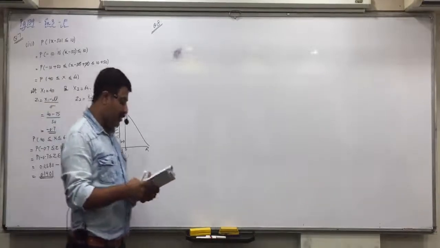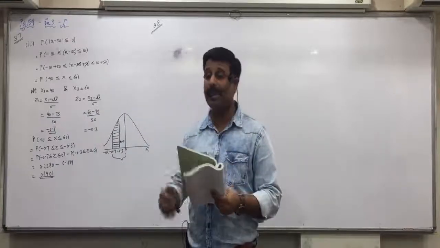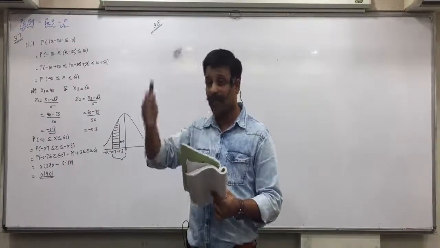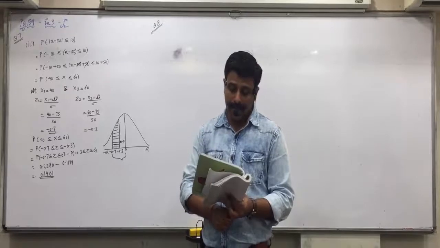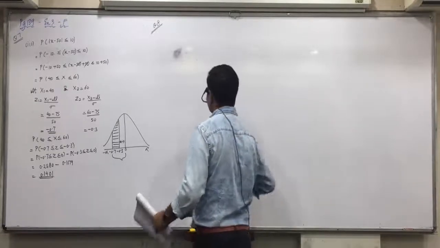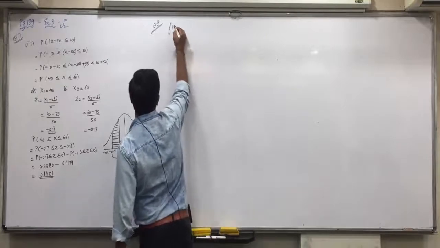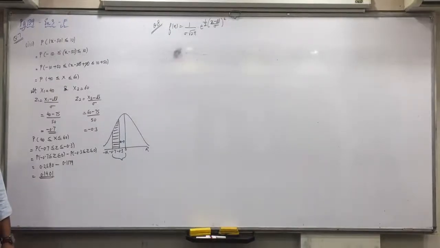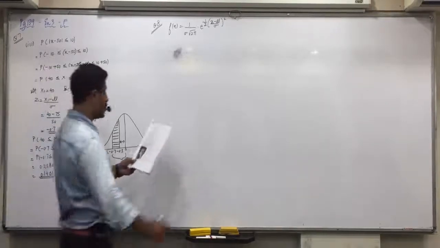A normal variable x has the following probability density function. First again write down the actual function. Function of normal distribution is given by 1 upon sigma root 2 pi e raised to minus 1 by 2 x minus mu upon sigma whole square. Now, what function is given to you?